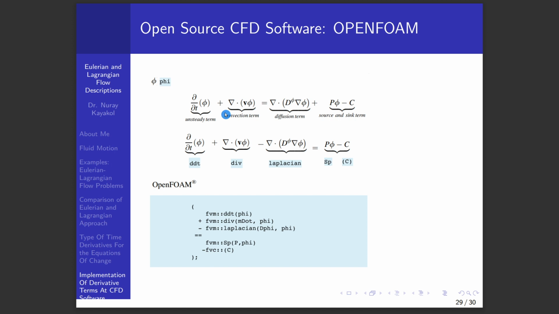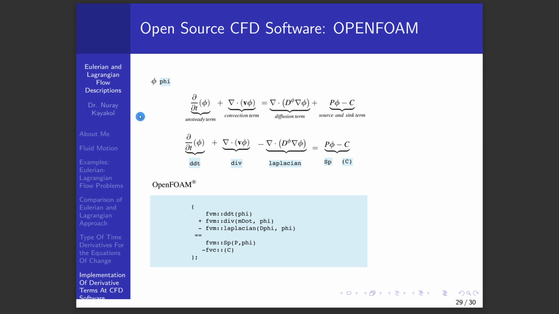Now, we learned the Eulerian approach, we learned the types of time derivatives, and how this information will be useful to understand the open form way of writing the transport equation. Okay, phi is our variable. It could be any variable. It could be velocity, temperature, whatever.